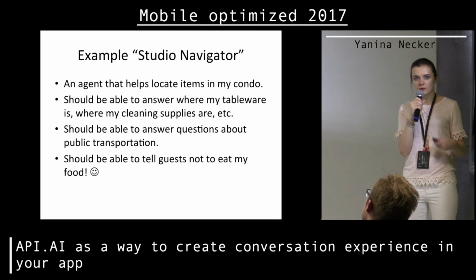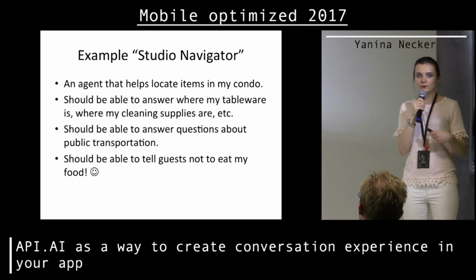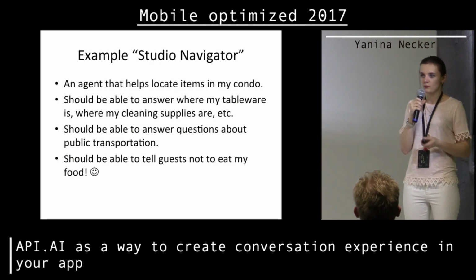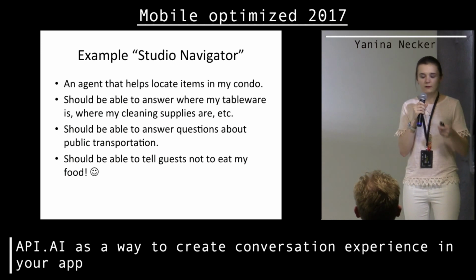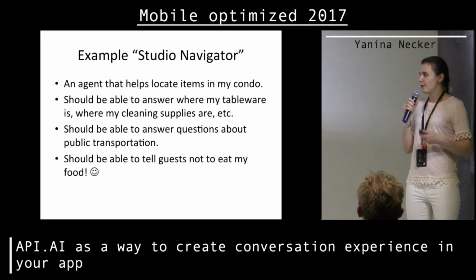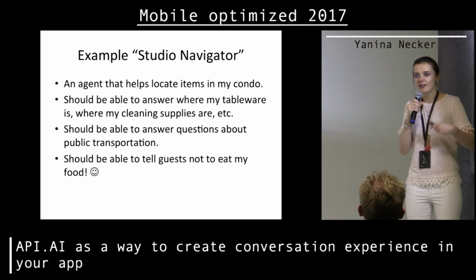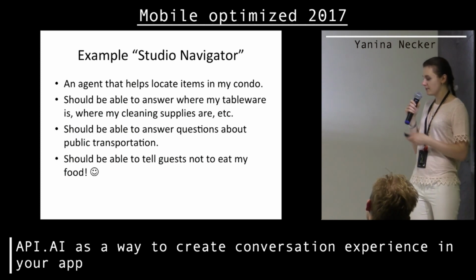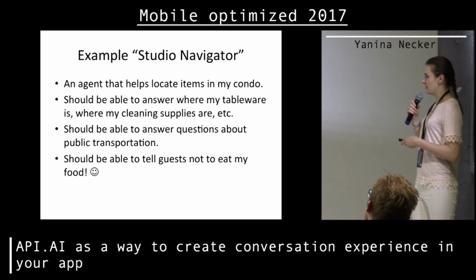And when my guests on Airbnb will be staying at my studio, I want them to be able to easily find things in my place, such as where the bed sheets are located, where the tables, where the plates are located, the silverware, and so on. Therefore, I built an app that they can ask different things about my studio to make their stay more pleasant. And we're going to use it as an example here for this presentation.